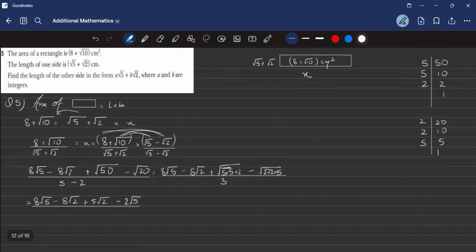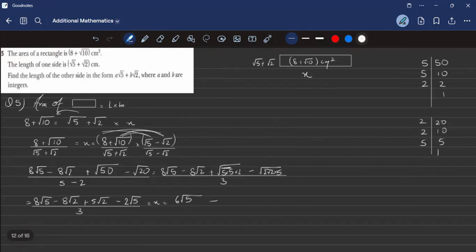Now this all is equal to x, which is the other side. Further simplify this, we get 8 under root 5 minus 2 under root 5. So what is 8 minus 2? Equals 6 under root 5. Then minus 8 under root 2 plus 5 under root 2.